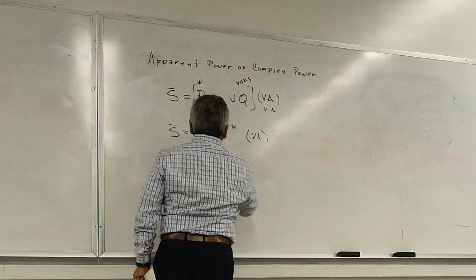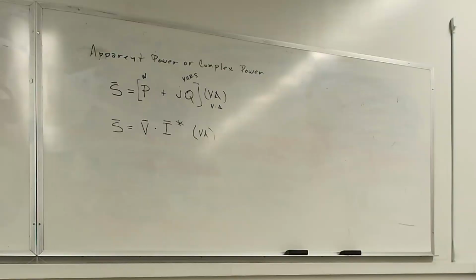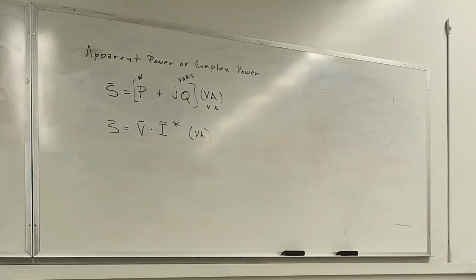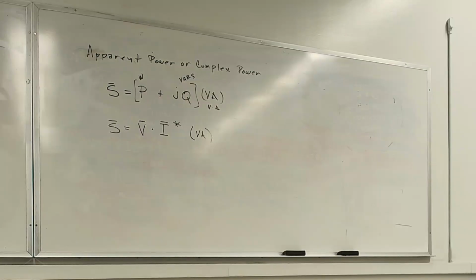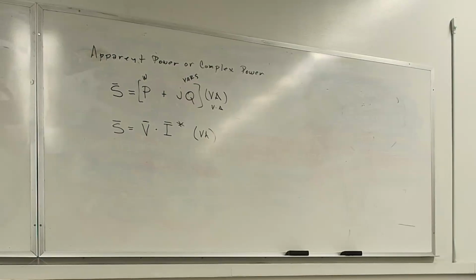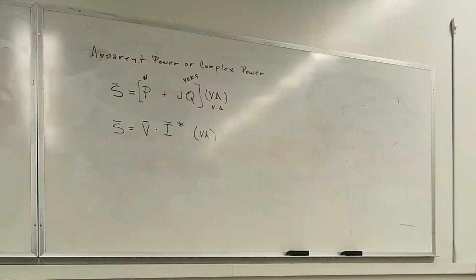So that's just another way, depending on what piece of information you have. And we'll do a few examples. So again, in summary, we have real power, imaginary or reactive power, and complex or apparent power. All three of those give you information about the system and what the system is doing.